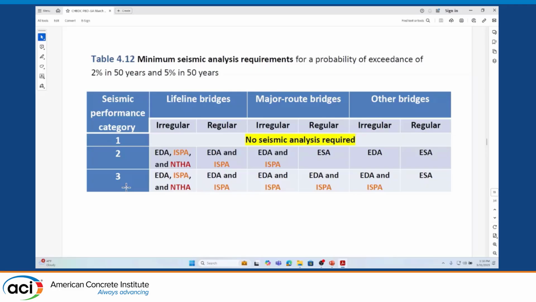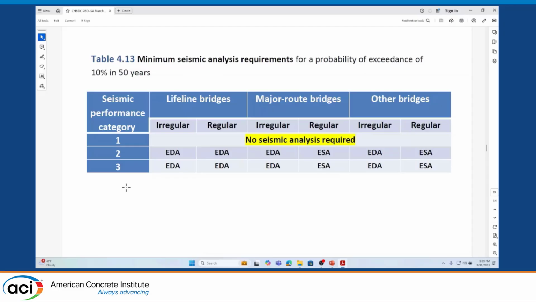Others do not. And when you have lifeline bridges and major route bridges, only for irregular you need the inelastic static pushover analysis. When you have seismic performance category 3 for regular bridges, you need inelastic static pushover analysis. And for other bridges, if it is irregular, you need inelastic static pushover analysis.